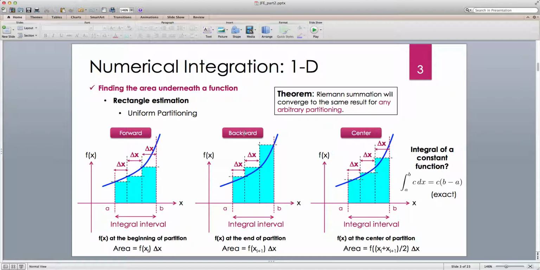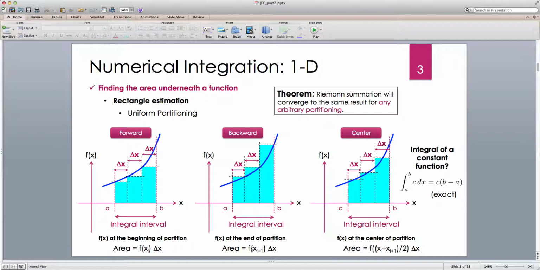Now if we do backward approximation, then at each subinterval we approximate the function with a constant number, which is equal to the value of the function at the end of the interval, all right? And here it happens that this backward approximation actually overestimates the area under the curve, but it may not always be the case, all right?